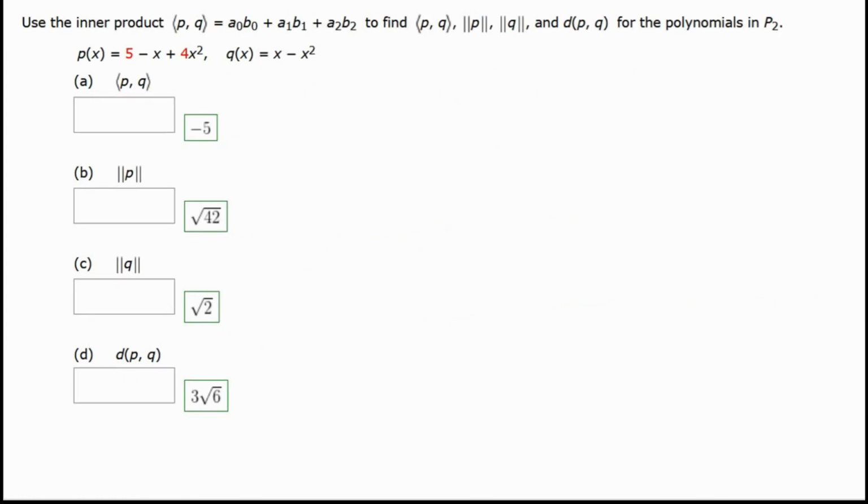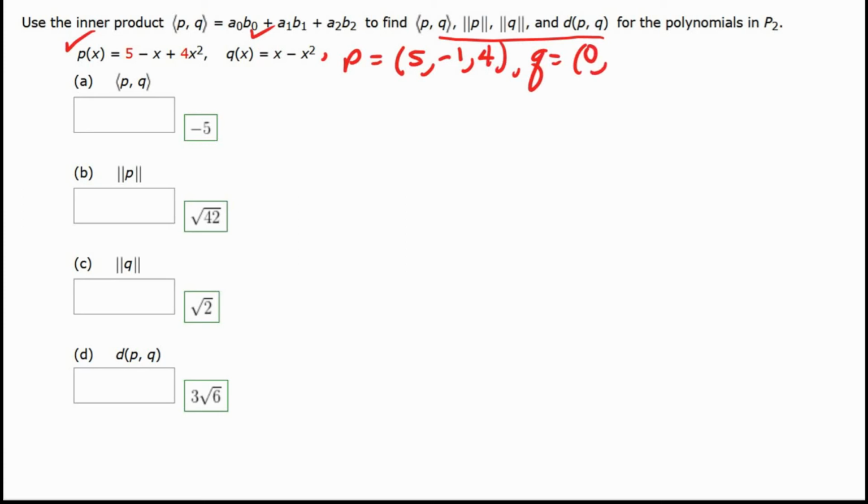Now again, this problem is a review as well. We can ask the same questions, but now dealing with polynomials. So I suppose we can look at the polynomial p with its components 5, negative 1, and 4, and then q as 0.